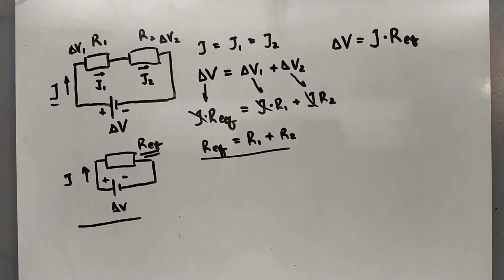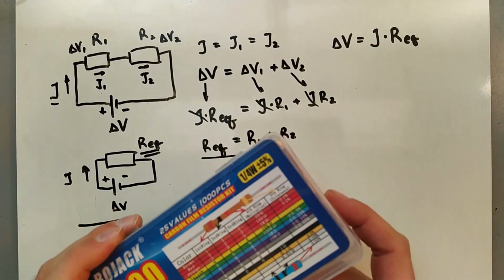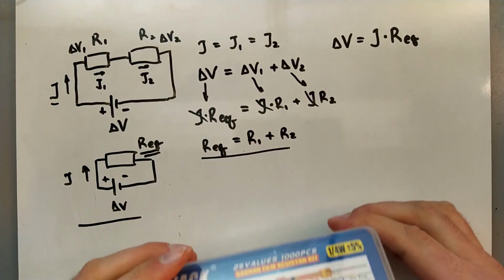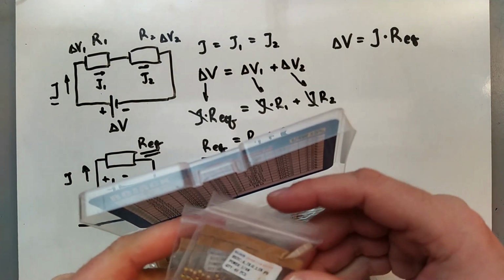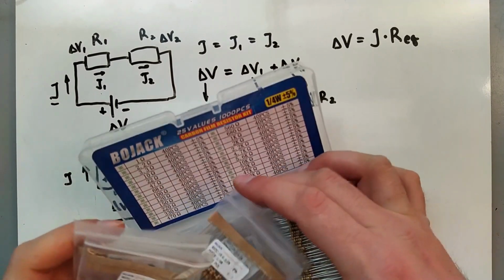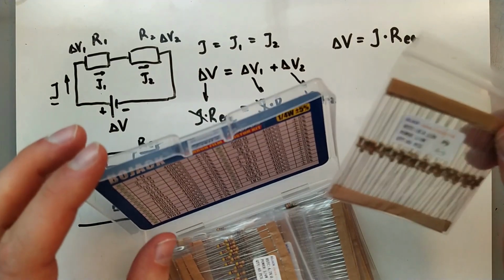So let us demonstrate that in practice. For that purpose, I have some set of resistors which we can use for our demonstration. Let us pick up some with more or less round number, like for magnitude.